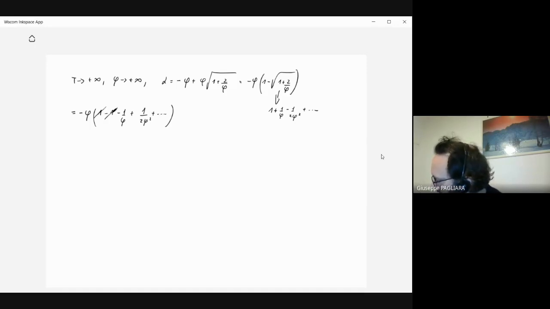And then I should get that this is almost equal to 1 minus 1 divided by 2 phi. Okay? So this alpha is equal to 1 divided by 2 phi for large temperature.